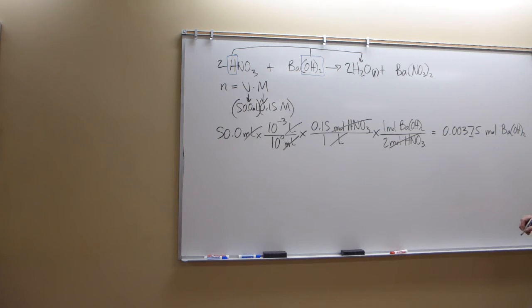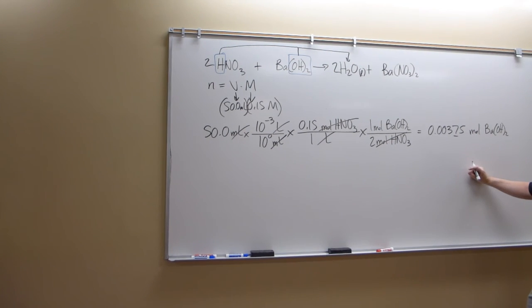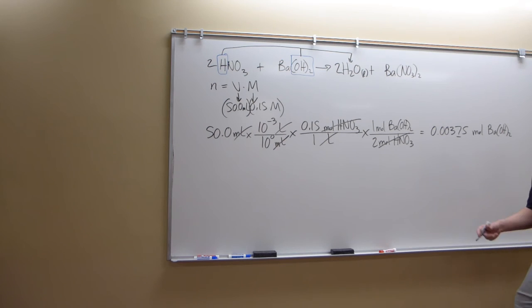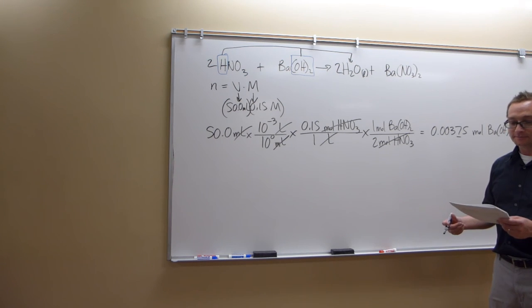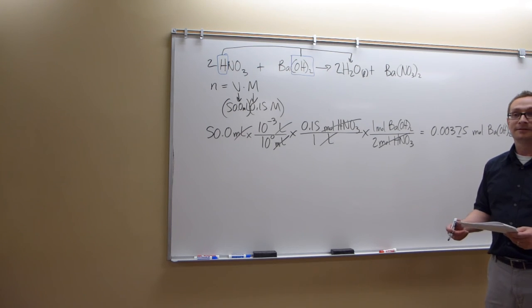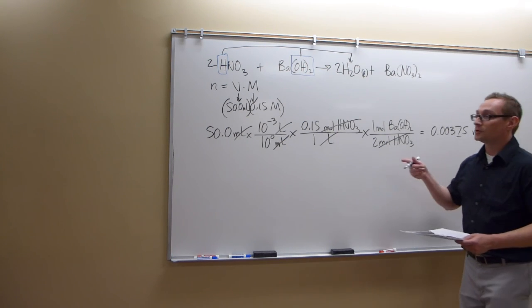moles of barium hydroxide. How do we get to molarity of barium hydroxide? We need to divide this by the liters of solution. What liters of solution do we divide by though? Do we divide by 50? Do we divide by 30? Do we divide by 80? So remember what the goal of the titration is.